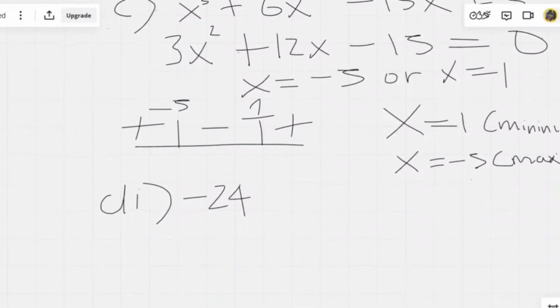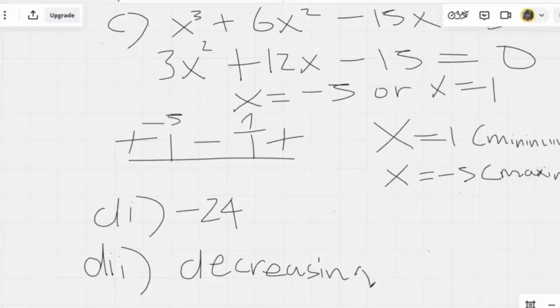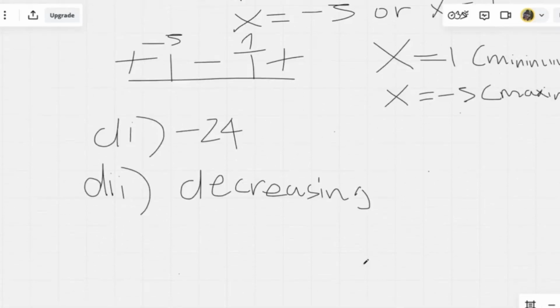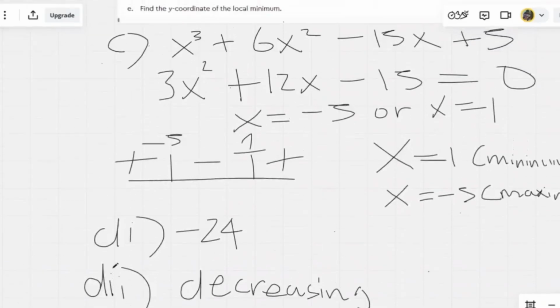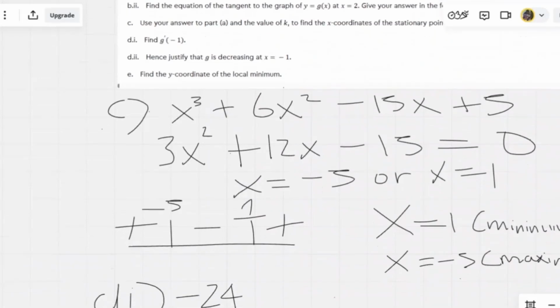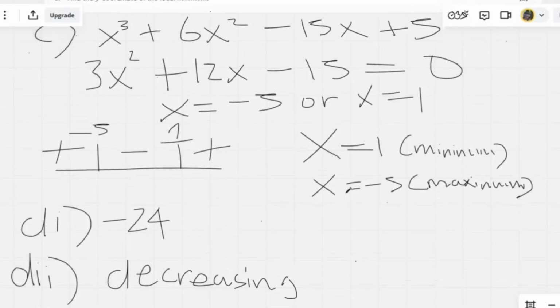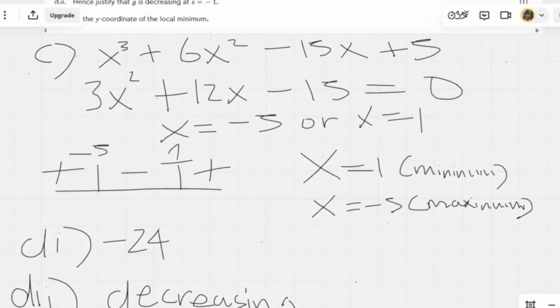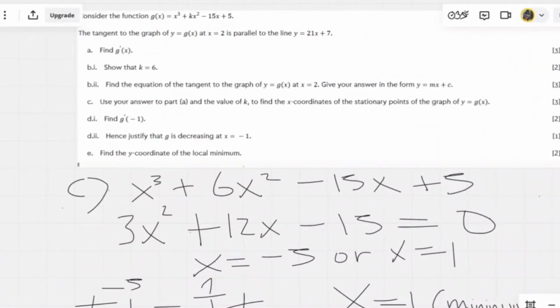For D2, hence justify that g is decreasing at x equals minus 1. Determine that g is decreasing at x equals minus 1, which we previously solved in D1. It gives us the number of minus 24, therefore it represents that g is decreasing at x equals minus 1.